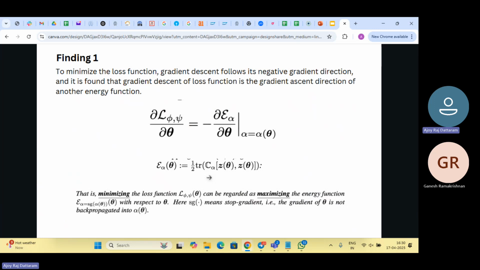The alpha is assigned according to how far these samples are from each other. The sample closer to the anchor will have a higher alpha value, and the one far away will have a lower alpha value. That is how alpha is defined, and z is just the output we get from the deep learning model.